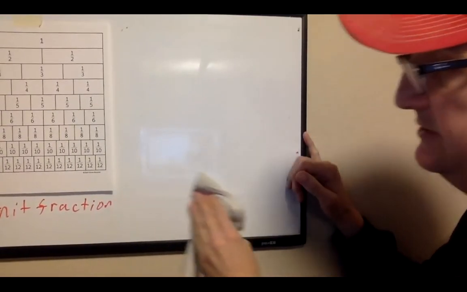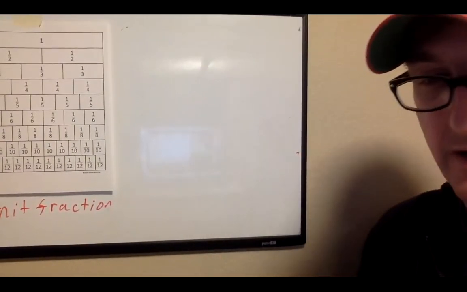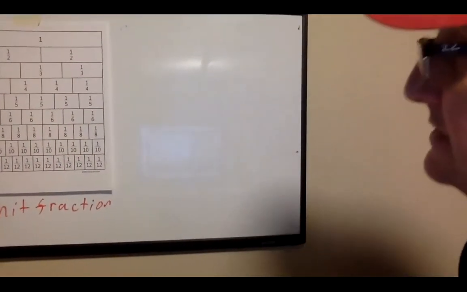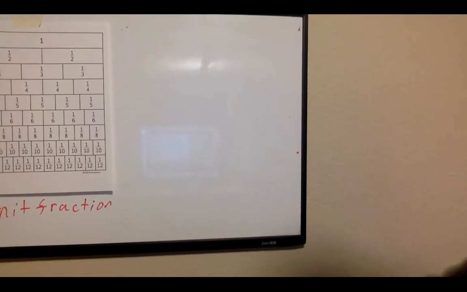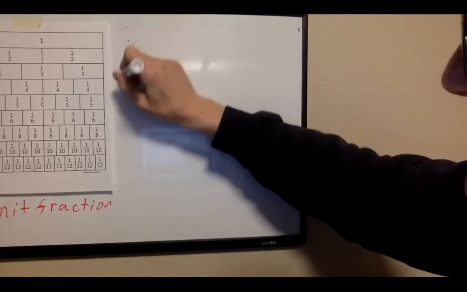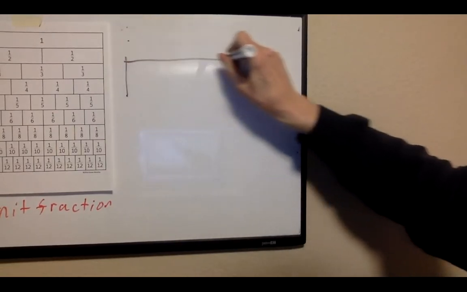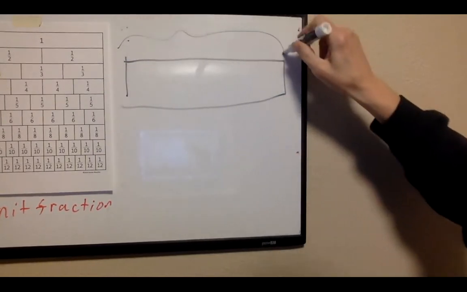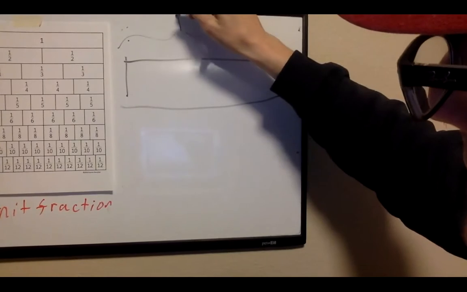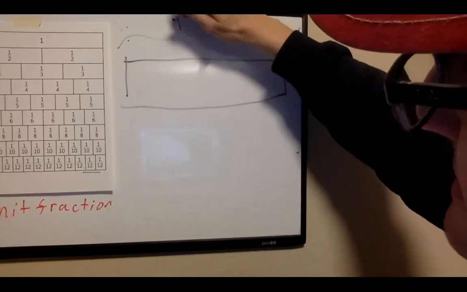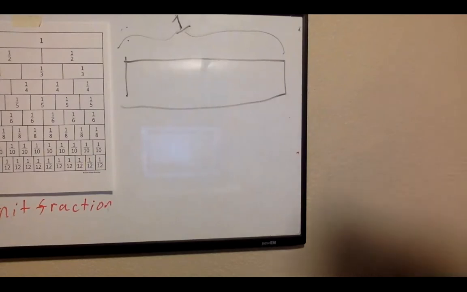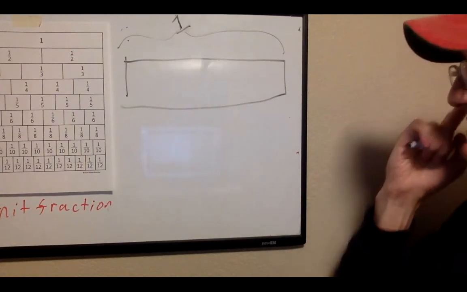So again, this is called decomposition. Remember, we start by decomposing into unit fractions. Let's make another rectangle. And again, this is one whole rectangle, right? We just label that one whole rectangle. This marker is dying fast. Let's see.